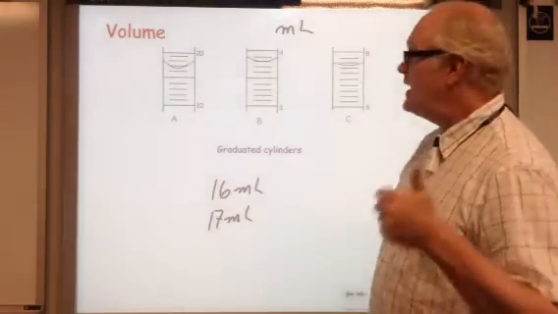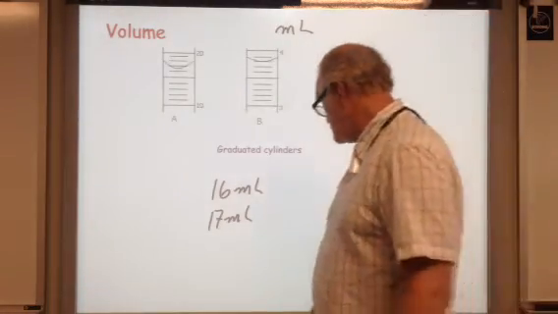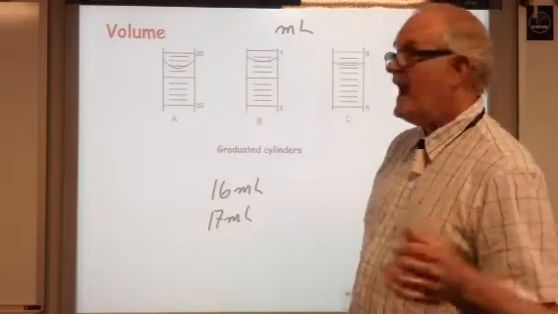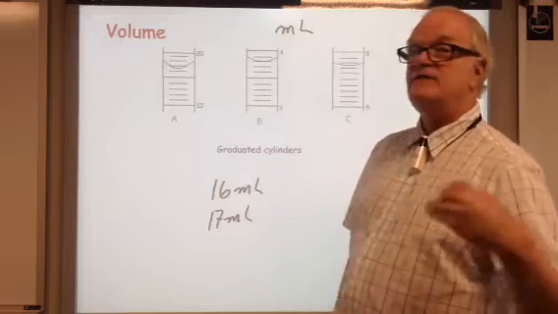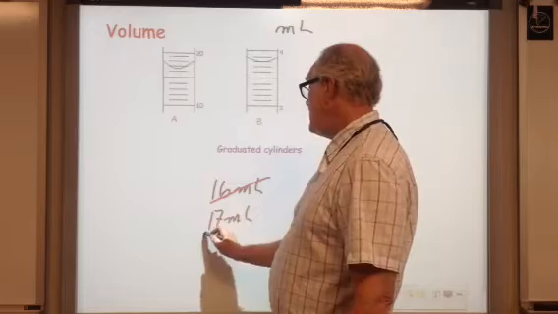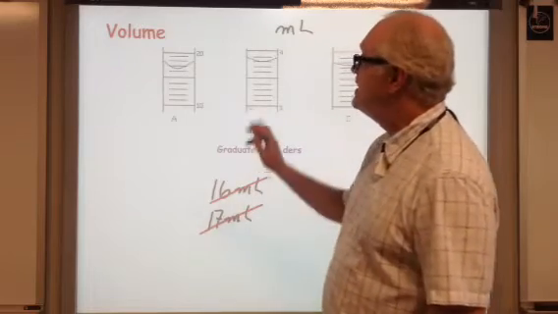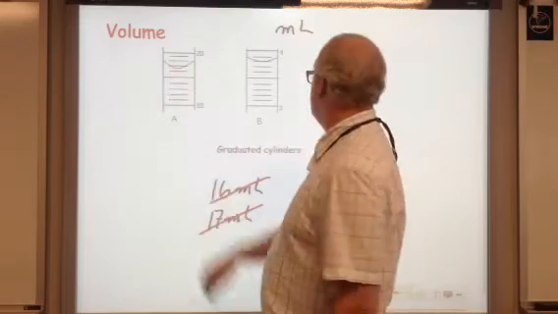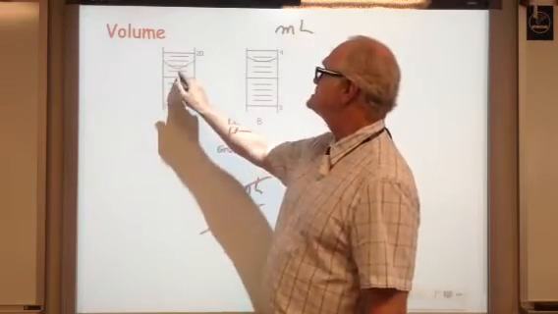And so we want to estimate one more digit to tell people who are reading our measurement that there's not exactly 16 and there's not exactly 17. So we're not going to write down 16 and we're not going to write down 17. We're going to write down 16 with an estimated number in the tenths place.